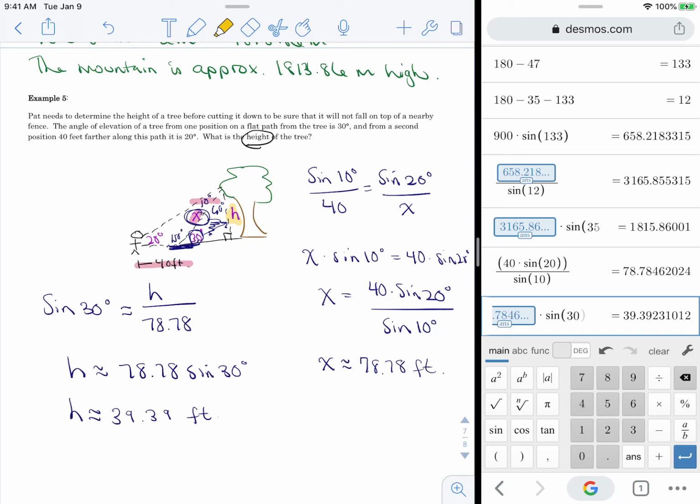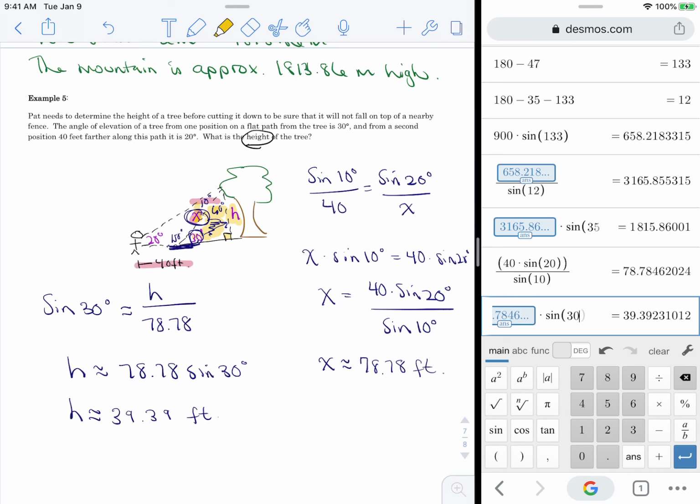What is true, it's kind of cool, of that triangle? It's a special right triangle. It's a 30, 60, 90 triangle. So this is kind of cool. We found the hypotenuse, right?